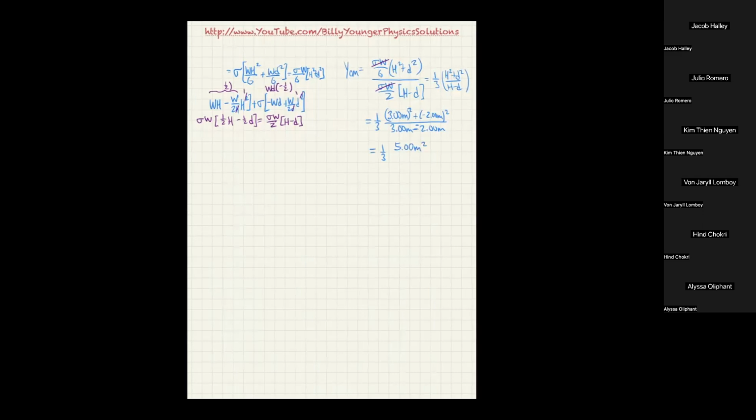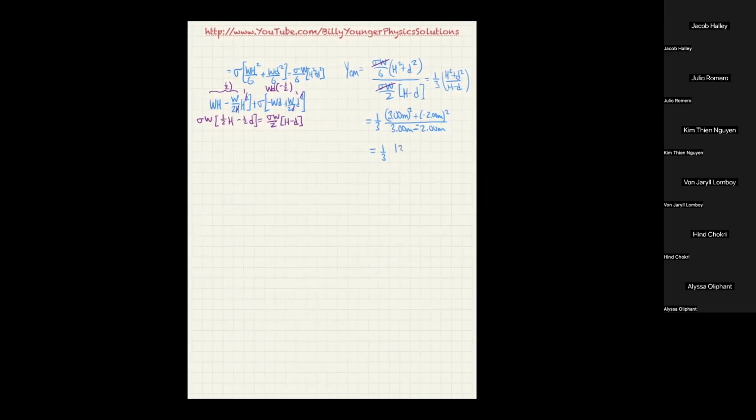So that'd be 9 meters squared minus, or excuse me, plus 4 meters squared. So actually, I just subtracted that by mistake. So let me fix that. So 9 meters squared plus 4 meters squared gives me 13 meters squared. Whoa, Nelly.